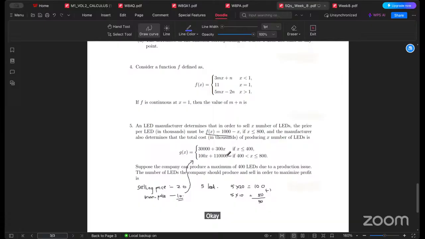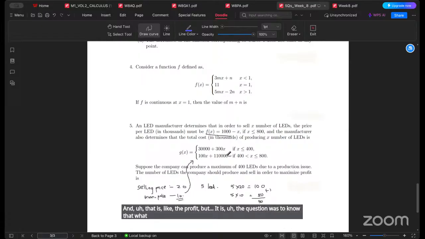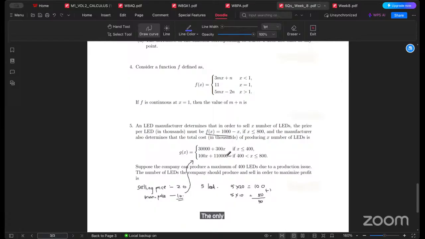Ma'am, the function is given, f of x equals 1000 minus x, and that is the profit. But the question wants to know what the value of x is so that I get the maximized profit. The only way I know is the maxima-minima concept.